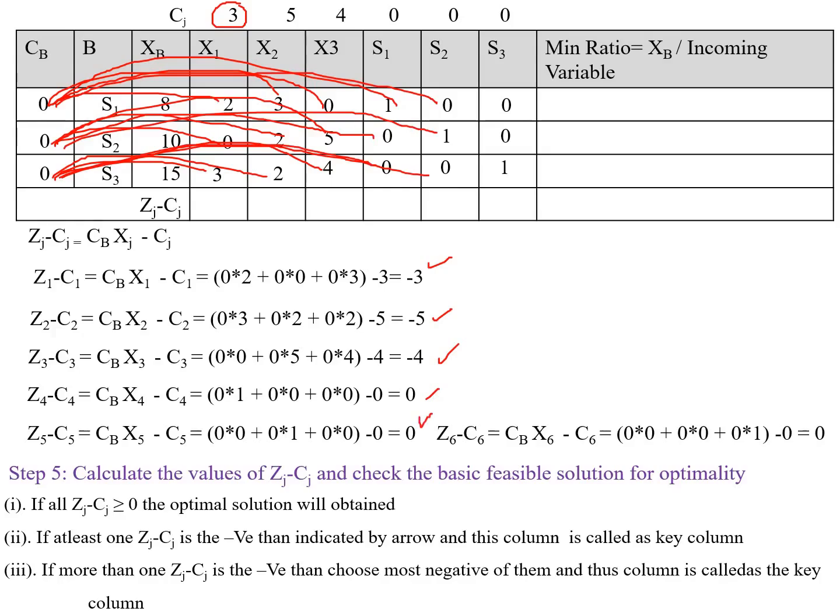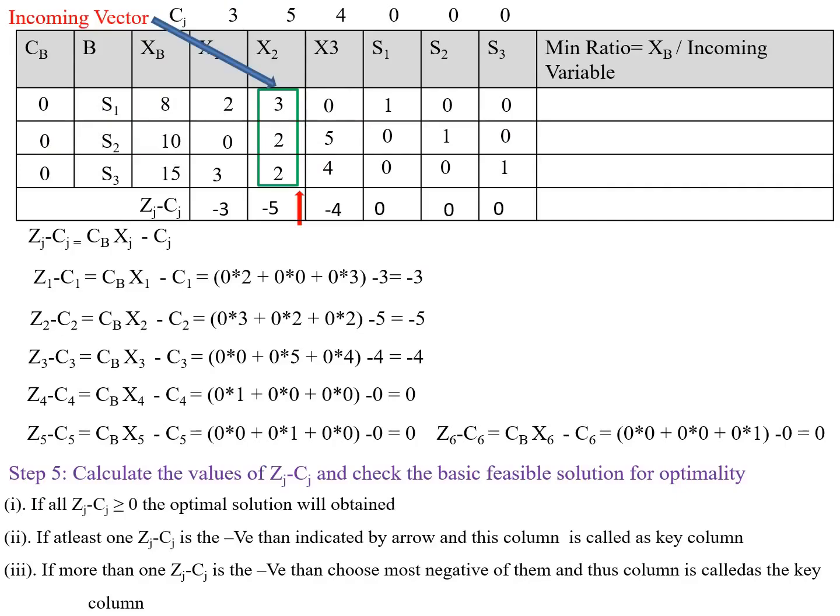Answer is 0. And next for the S3 variable, that is Z5 minus C5. So it is 0 into 0 plus 0 into 0 plus 0 into 1 minus 0. Answer is 0. Here Zj minus Cj values are minus 3, minus 5, minus 4, 0, 0, 0.